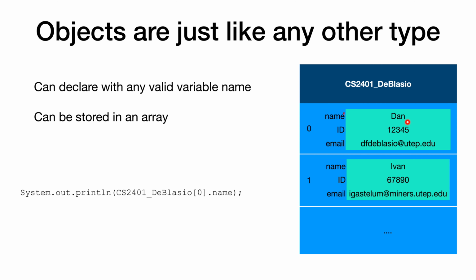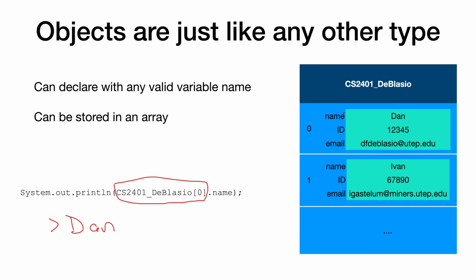And again, I can access this name. So in this case, I'm looking at this array. This is the name of the array, index 0 dot name. So the name inside that object. And what is it going to print? Well, it's going to print my name, right? So we can see that it's within an array.